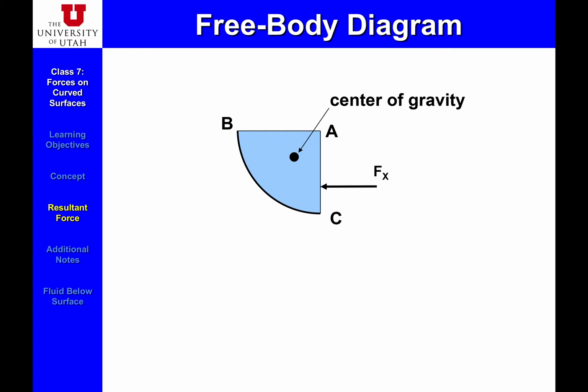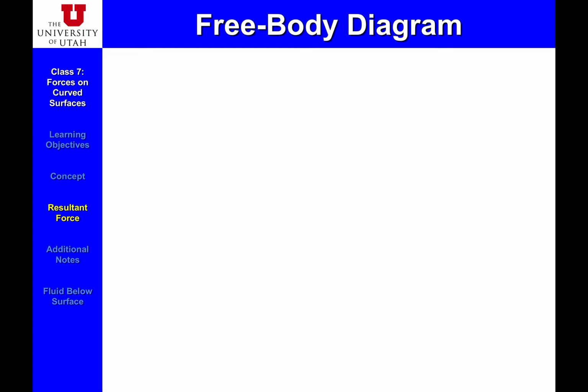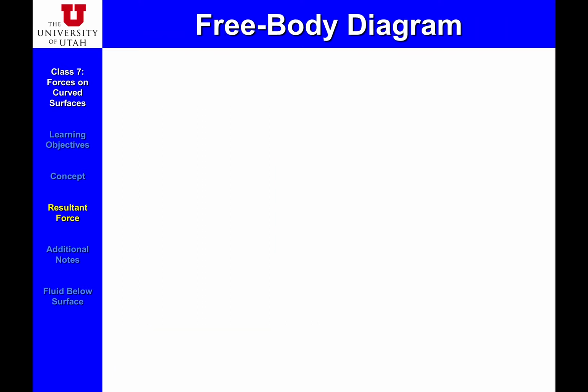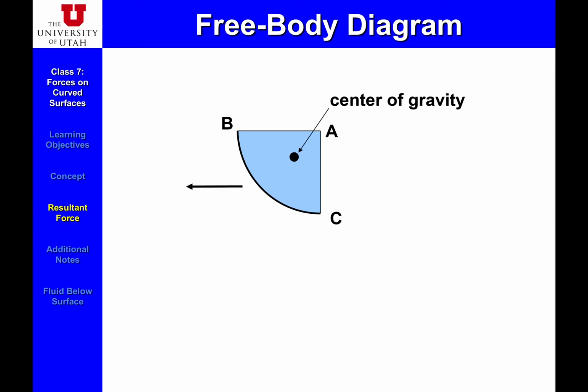We have a force that acts in the X direction. That's the force of the water acting on the fluid. Again, if we go back, we can see this tank here, but maybe it's just a portion of a tank. And so we have a force acting, that Fx, and we have a horizontal force that acts in the opposite direction.